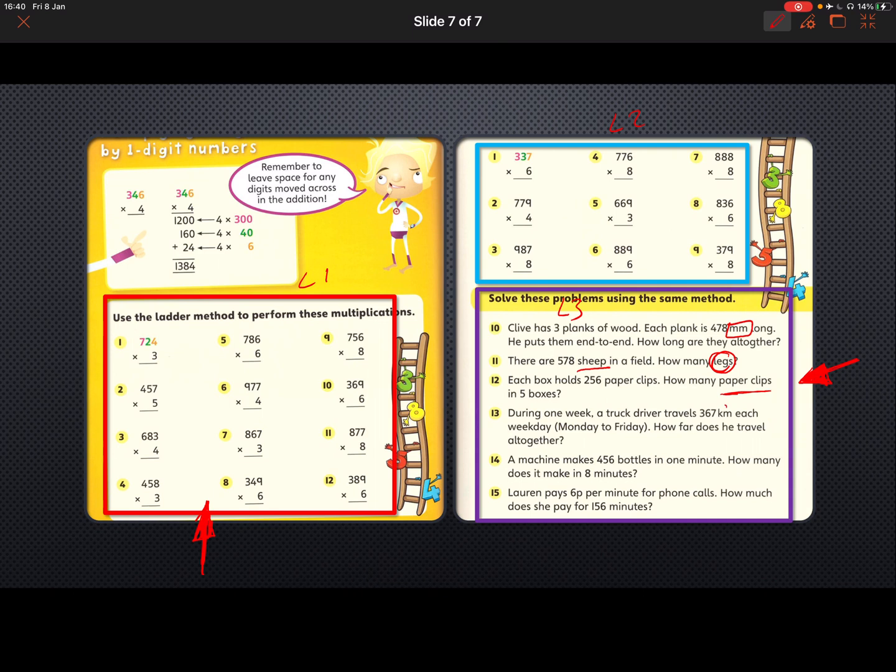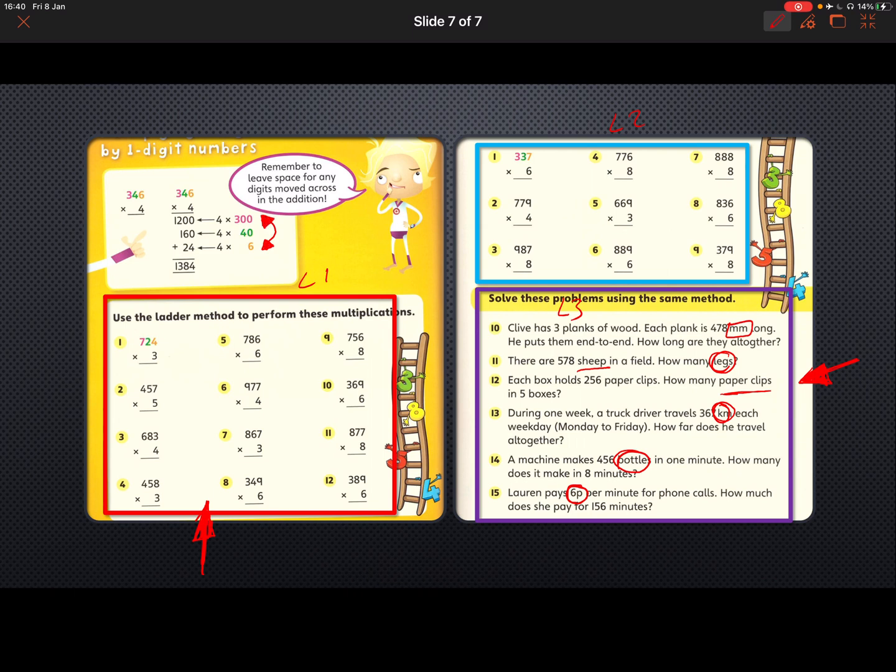This one's in kilometers, give me an answer in kilometers. This one is in bottles, give me an answer in bottles. This one's in money, give me an answer in money. And again, it starts off in pence, but if it ends up in hundreds of pence, pounds is probably a better unit to give me. Like I said before, I don't agree with this. I suggest you swap those two round.